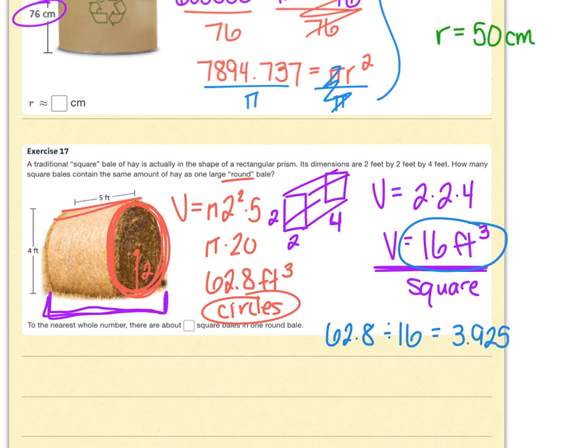And it says round your answer to, again, the nearest whole number. So we're going to say that's closer this time to just 4 square bales. Or you could just say 4 bales of hay there. So 4 of these rectangular bales here, 4 of these would fit into one of those.